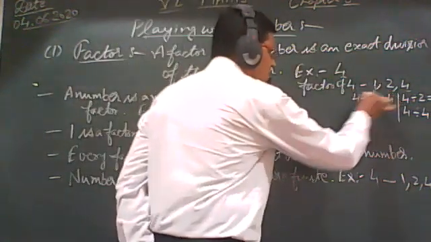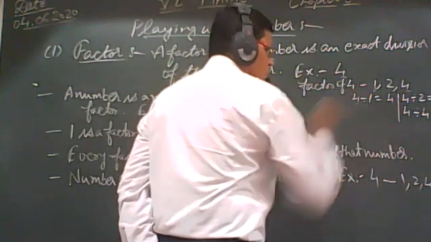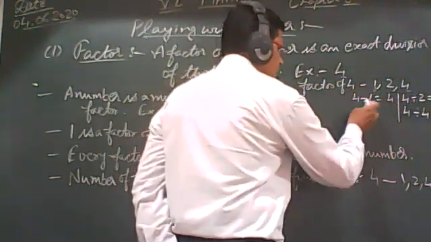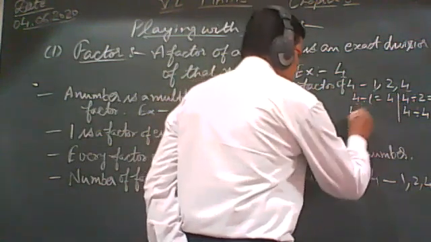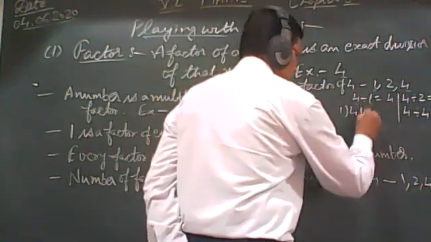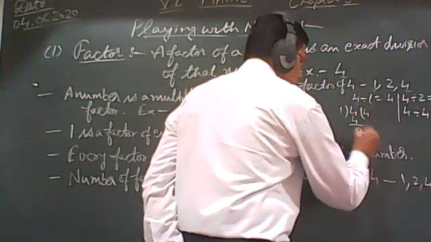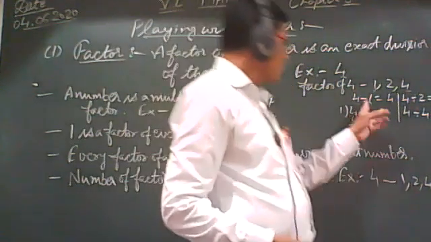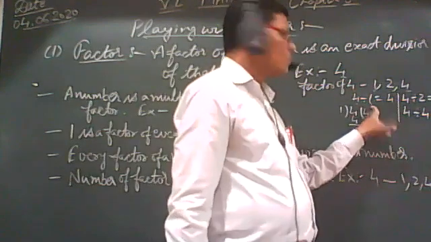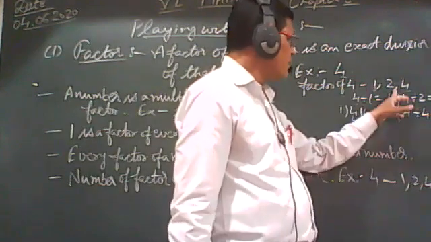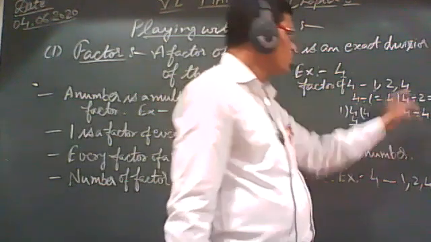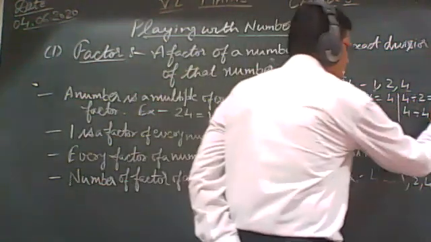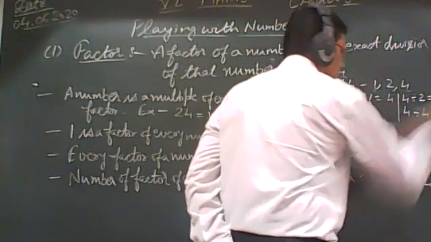If we divide 4 by 1, it is exactly divided: 1 fours are 4, then the remainder comes 0. Therefore, 1 is a factor of 4. Similarly, if we divide by 2, the quotient comes 2 and the remainder comes 0.